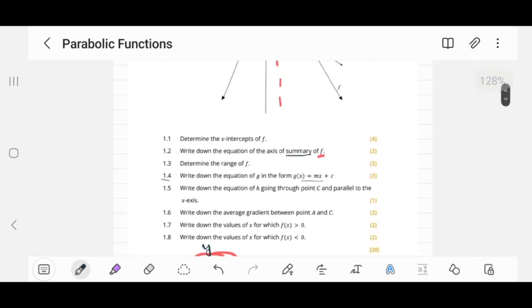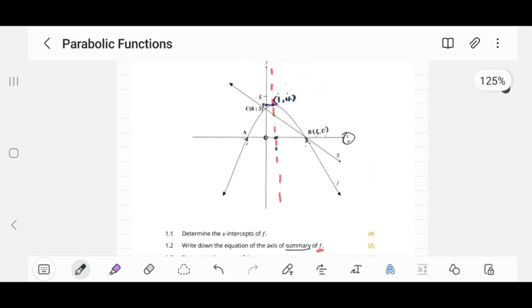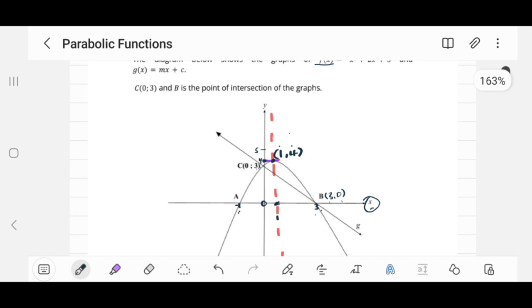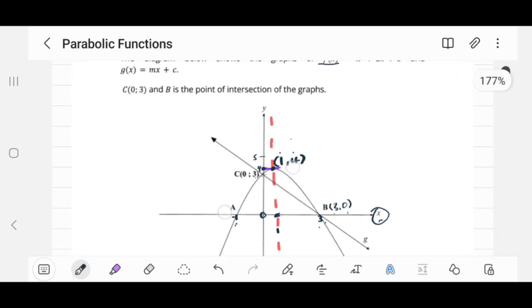Okay. Write down the equation of H going through point C and parallel to the x-axis. They say it is going through point C, and that line is parallel to the x-axis.